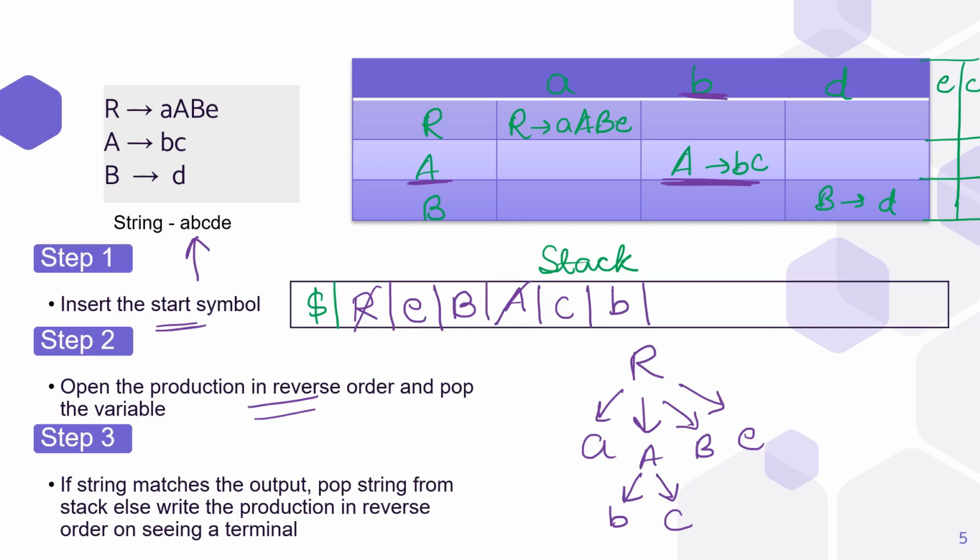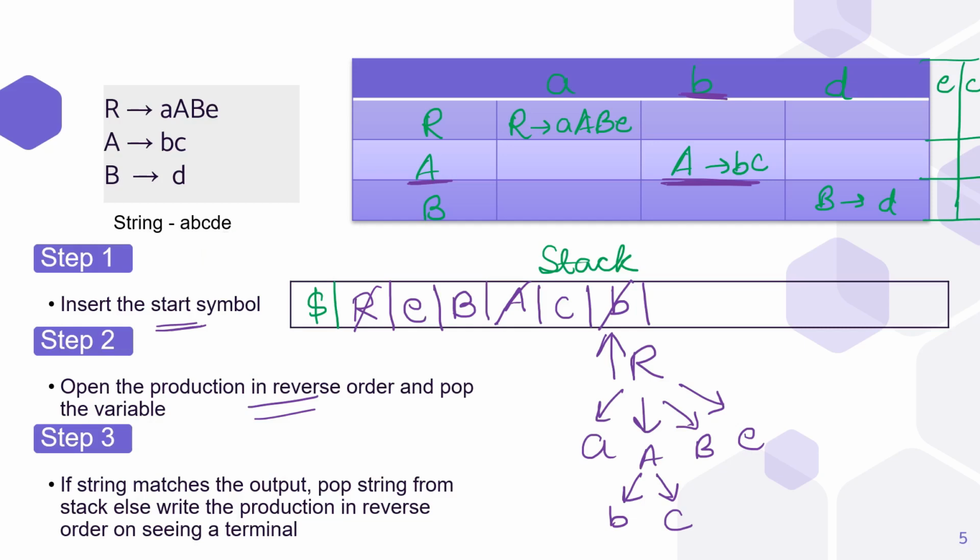This is the step that we have done till now. We have popped out the contents of A and now the top of the parser is pointing to B, and our string is also pointing to B. So our string is pointing to B and our stack top is also B. There is a match. Since there is a match, we would pop out B and we would increment this value.